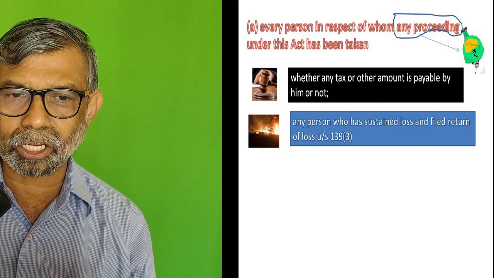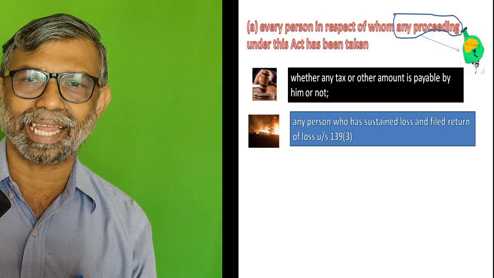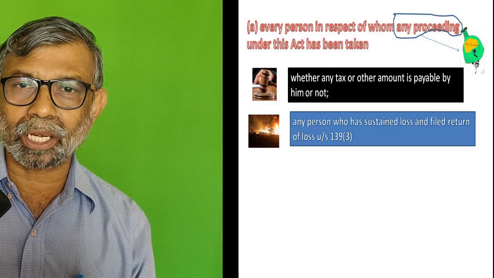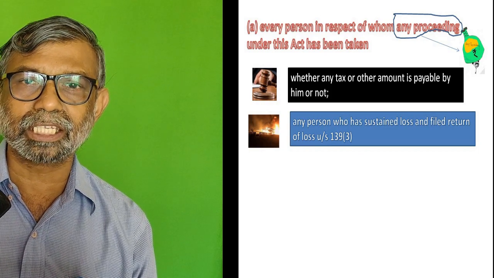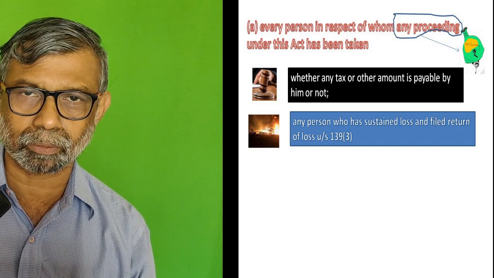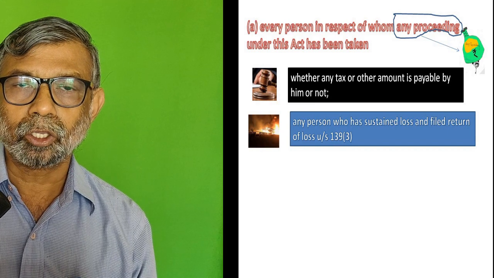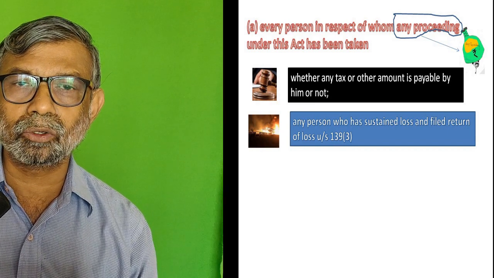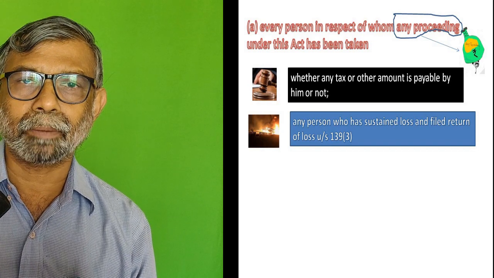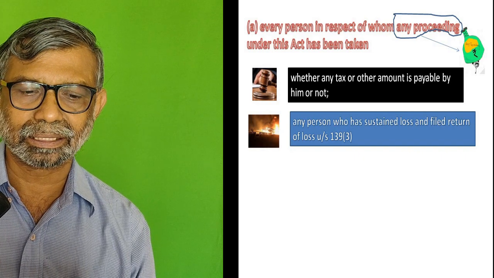Now the question is, why should we file a loss with the Income Tax Department? Because next year when you get income, this loss will help you to reduce that income. Set off becomes possible. That is possible only if you have informed the Income Tax Department about the loss that you had incurred.